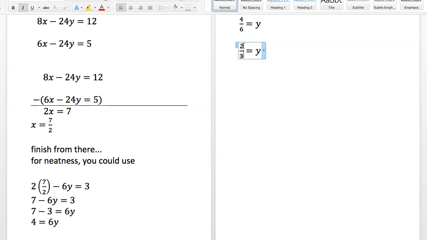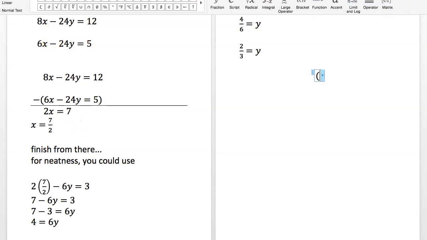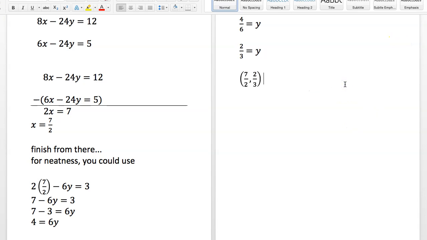So y is 2/3, but x always comes first. So the ordered pair is (7/2, 2/3). And so it is.